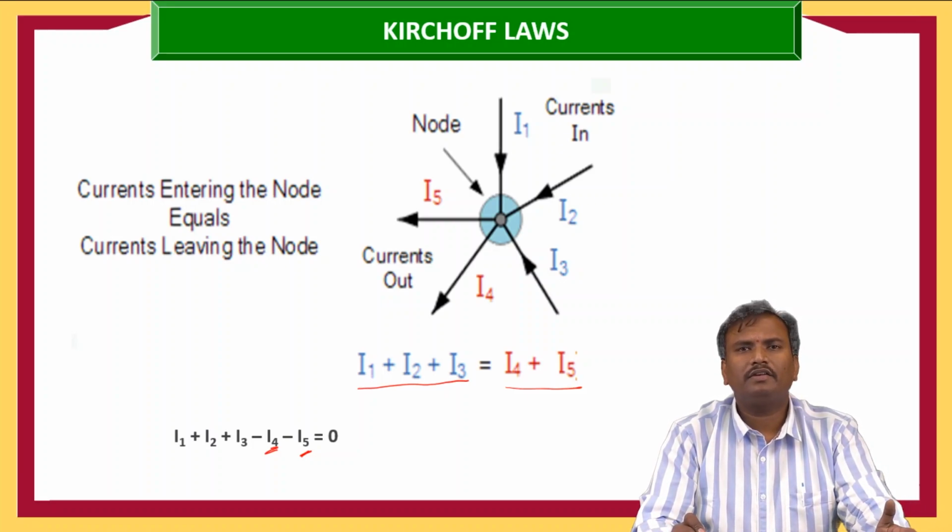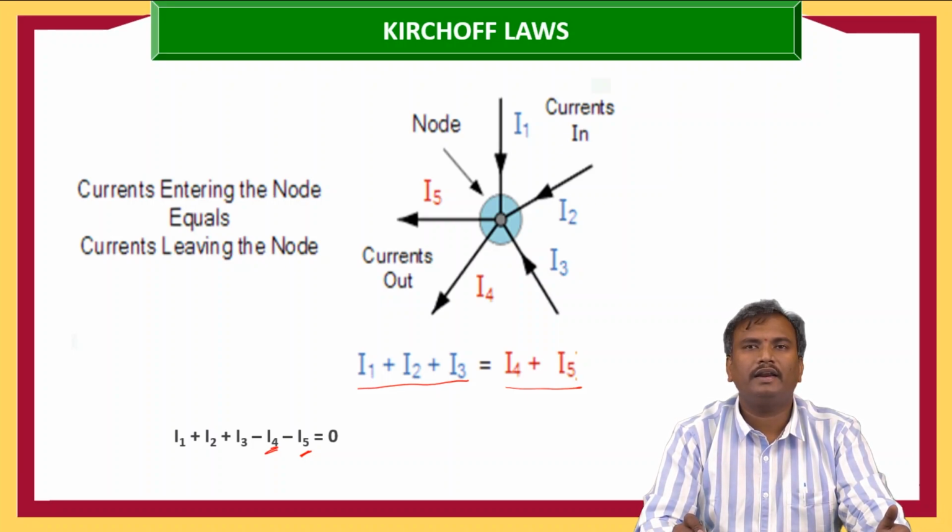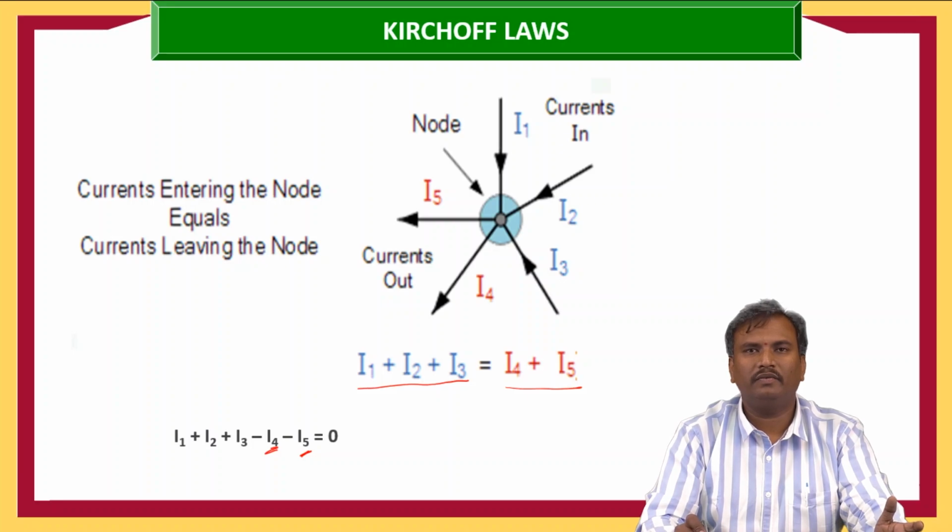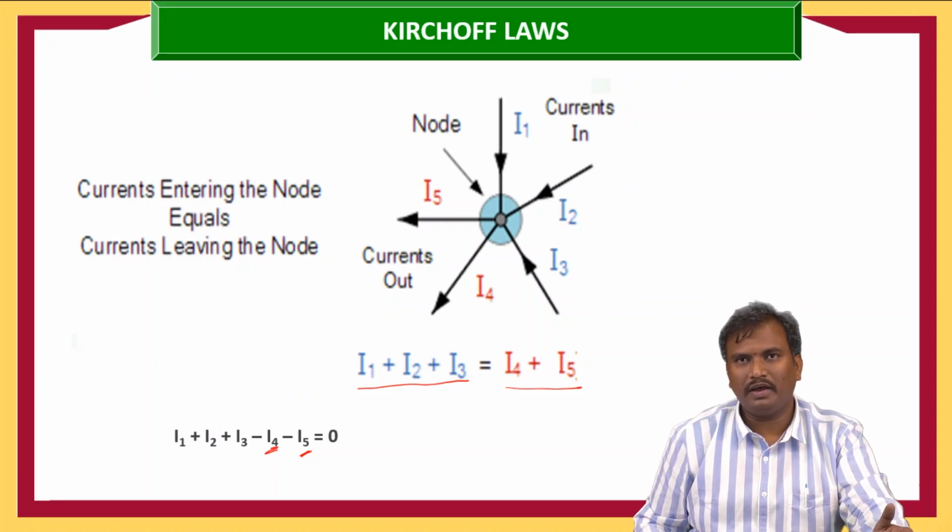And from this Kirchhoff's current law, we are going to get the equivalent resistance when the resistors are connected in parallel.